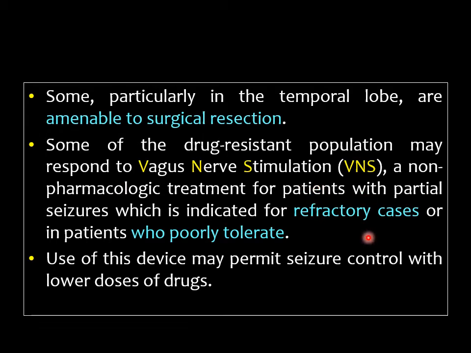This methodology is adopted for groups not responding to the currently available drugs, or in patients who are not tolerating these drugs. Use of these devices may permit seizure control with low doses of drugs also.